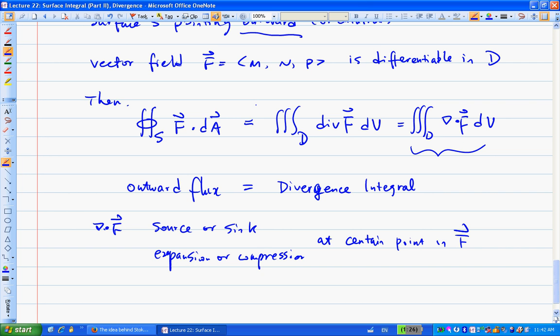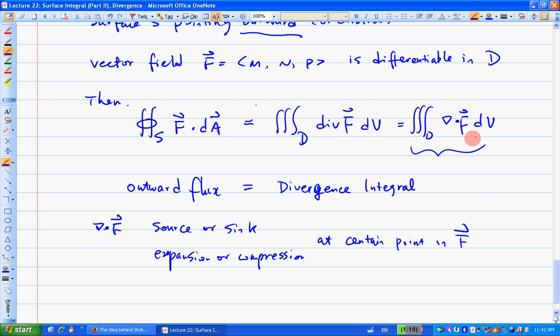But what we're doing is integrating. You're adding this point, that point, that point, adding everything within the region D. That's what integration does. So the integral is the total sum of the sources or sinks, the total sum of expansion or compression.